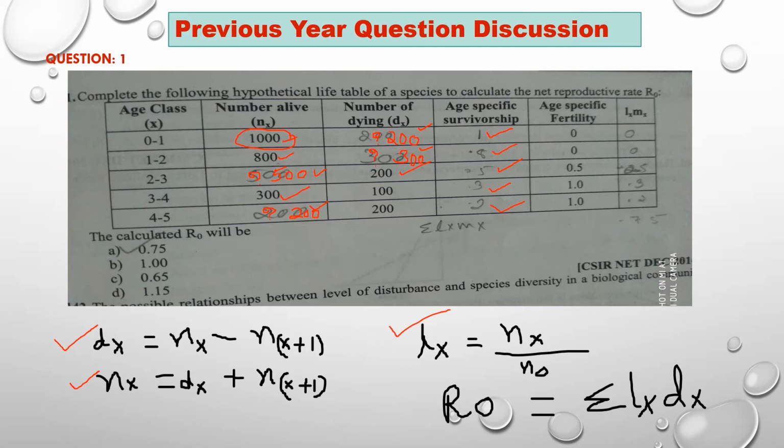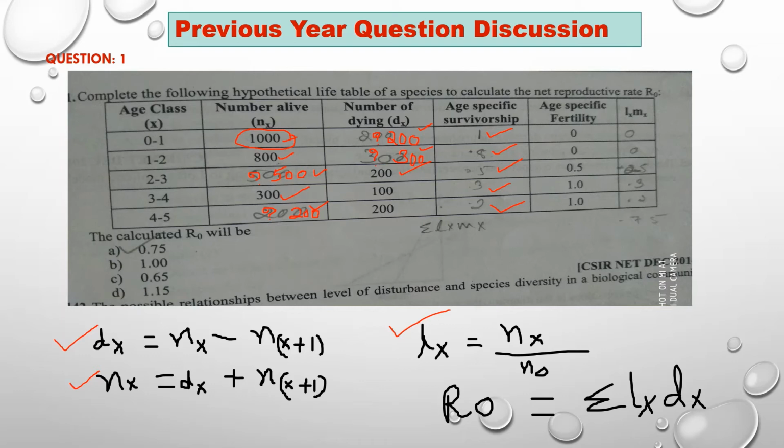We know mx values. So for age class x 0 to 1, Lx is 1 and mx is 0. So Lx mx 0. Age class 1 to 2, Lx is 0.8 and mx is 0. So Lx mx 0. In age class 2 to 3, Lx is 0.5 and mx is 0.5. So Lx mx 0.25. And in age class 3 to 4, Lx is 0.3 and mx is 1.